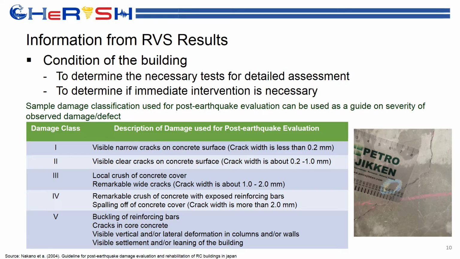Then another information that we can get from the RVS is the information about the existing condition of the structure. So the condition of the building itself, as can be noted from the RVS result, like if there are cracks, if there is spalling, if there is corrosion or any form of displacement or deflection, we can get those also from the RVS result, and from there we are able to determine the necessary steps or the necessary tests that we should perform when we do a detailed assessment.